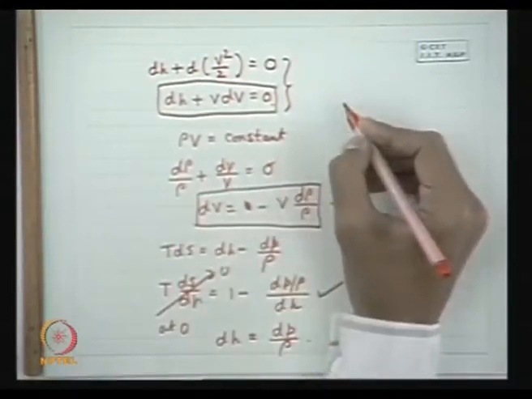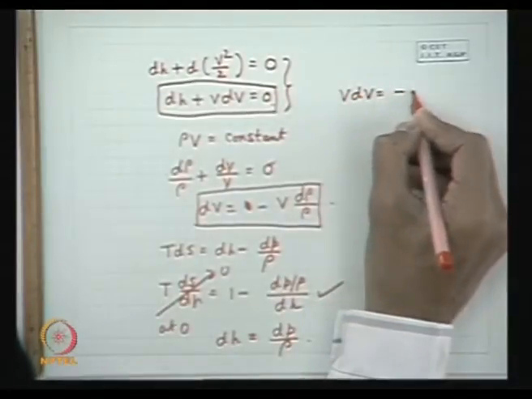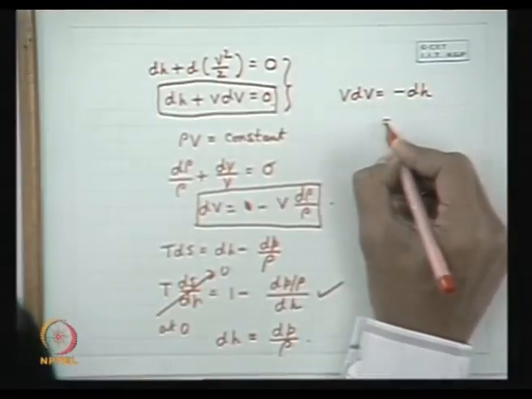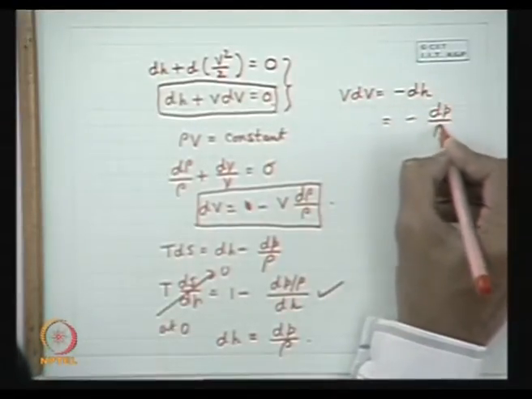So now V dV is equal to minus dH is equal to minus dP by rho.